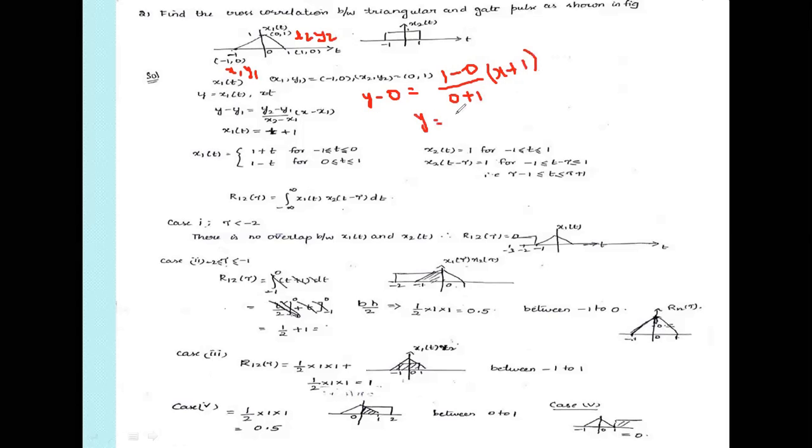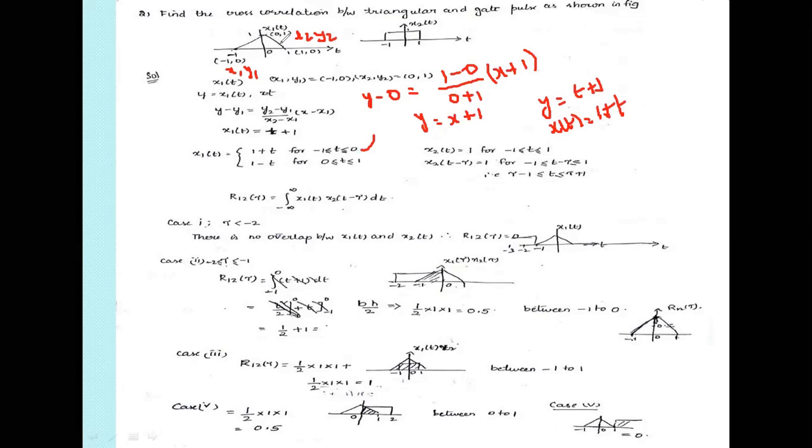So y is equal to 1 by 1, which is 1, into x plus 1. We need the x value as t, so y is equal to t plus 1. What is the y? The x of t. So x of t is equal to 1 plus t for this function.